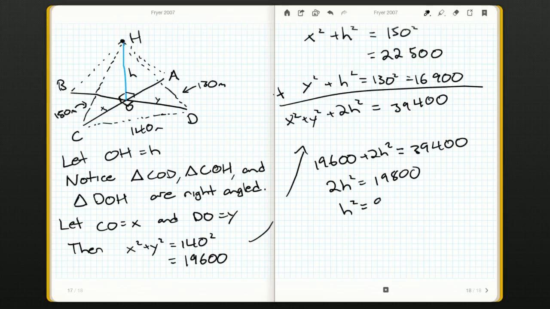So we get 9900, so 9900. And we can take out a factor of 100 here. We get 30 square root 11. Yeah, that's the most exact form. We can leave that in.